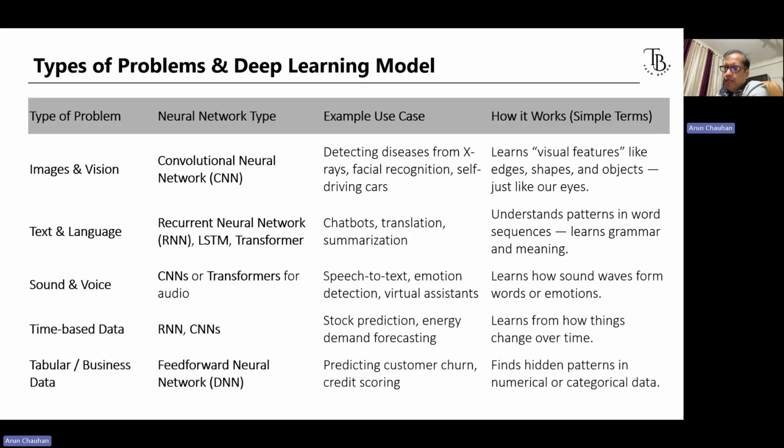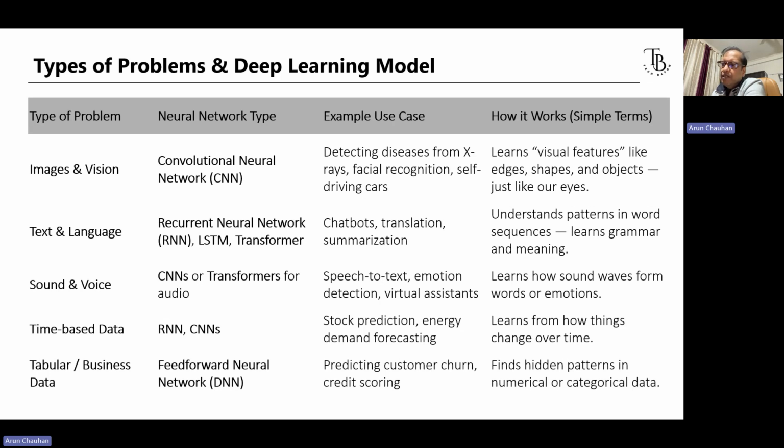Some example use cases are detecting diseases based on imaging such as X-rays and MRIs, facial recognition, typically used in stores or wherever biometric data is used, and self-driving cars.